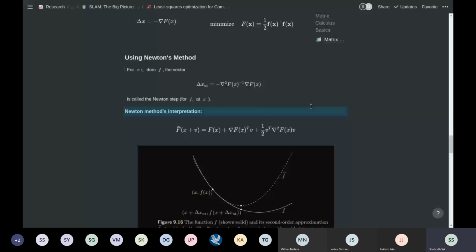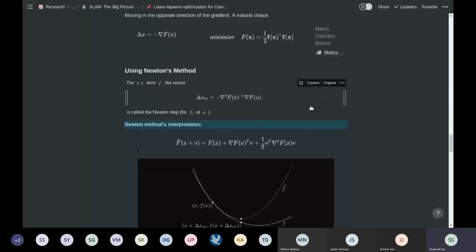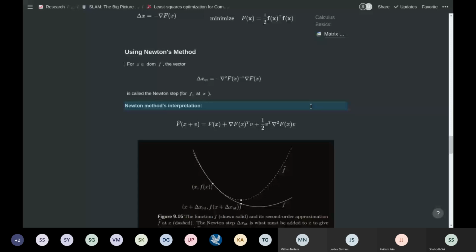Now, Newton method. Let us move on to the more complex method, the Newton method. This is called the Newton step. Let us define it this way. We'll see why it will be the case, or at least get some intuition on it.